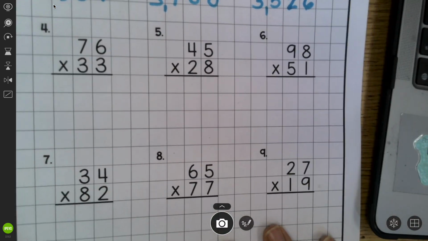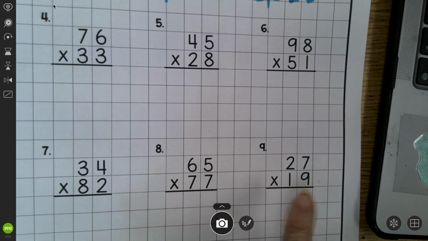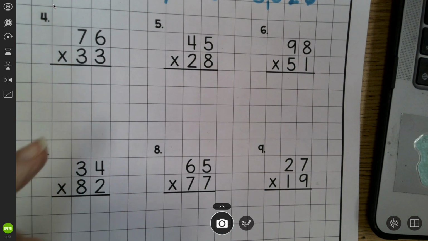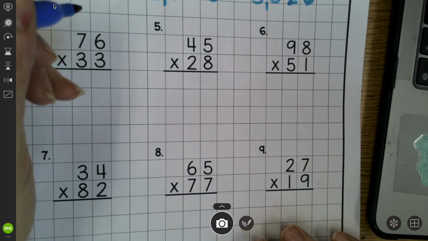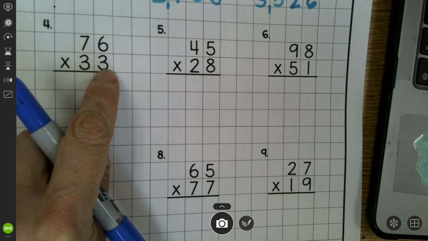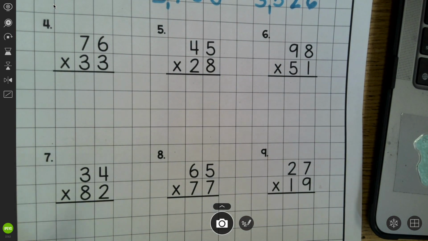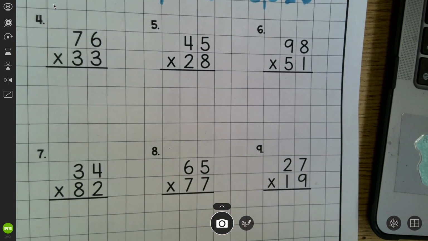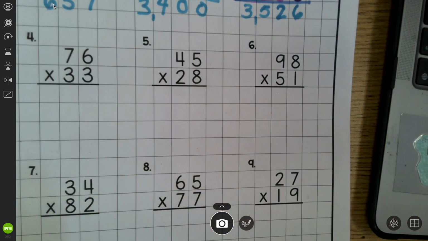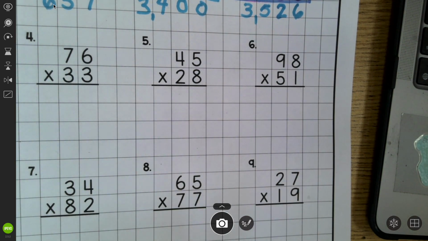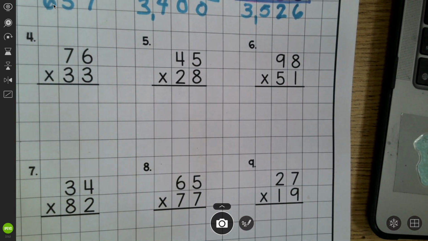So you're going to do these 6. Some you're going to have to regroup, okay? Like this one, you're going to start at the 3 and you're going to multiply 3 times 6. So I'm going to set you up for here because I'm feeling generous right now. So we're going to skip count by 3s 6 times. 3, 6, 9, 12, 15, 18, stop.